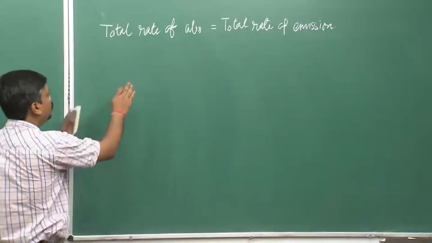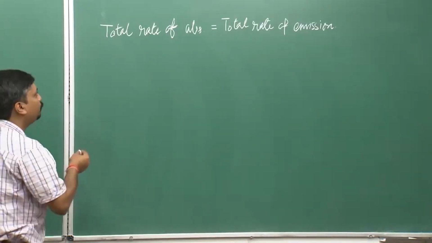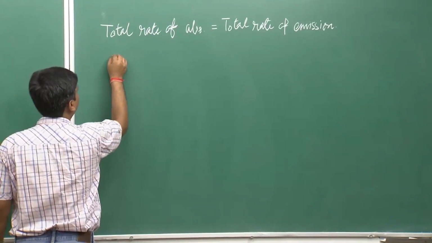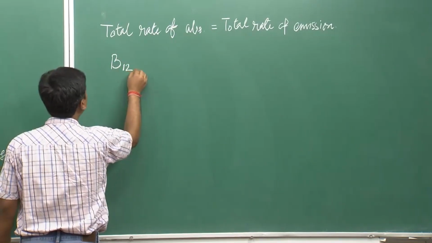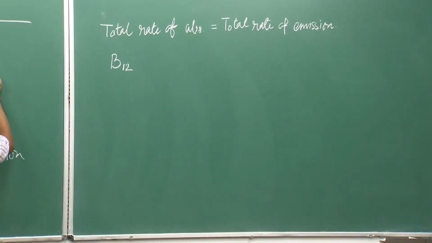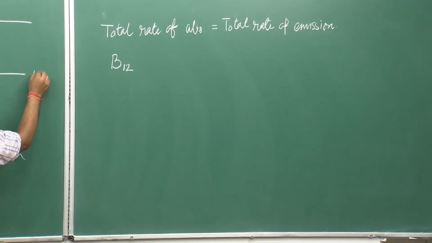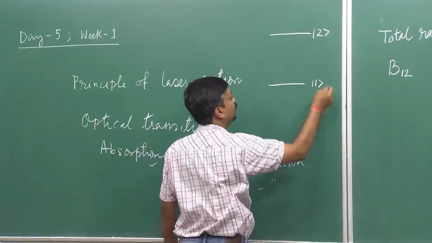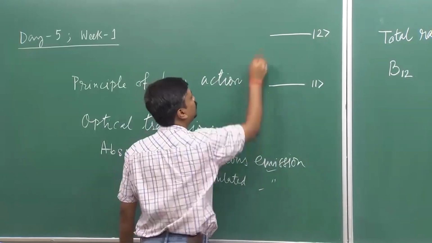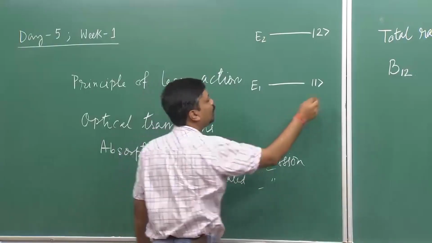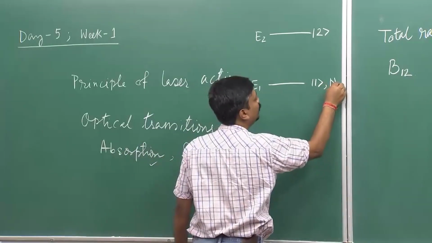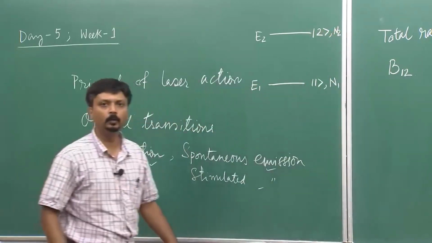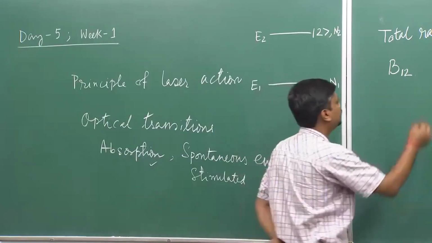So, we started looking into the mathematical relation. We know what is the total rate of absorption, and that was given by B12. Just to remember, this is state 1 and this is state 2, this having energy E1, this having energy E2, and the number of atoms are N1 and N2 in these two levels. We are considering only two level systems.